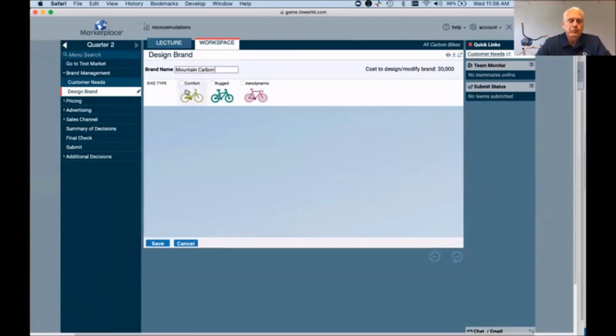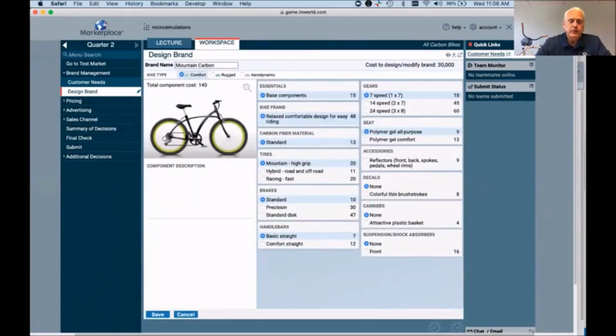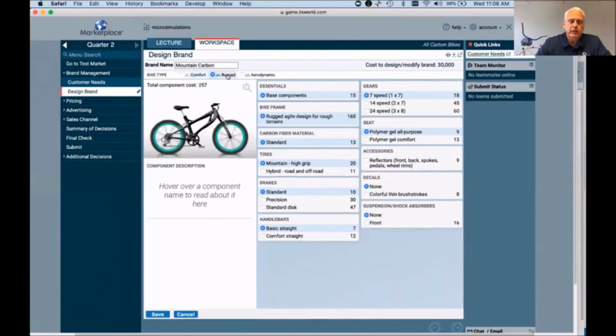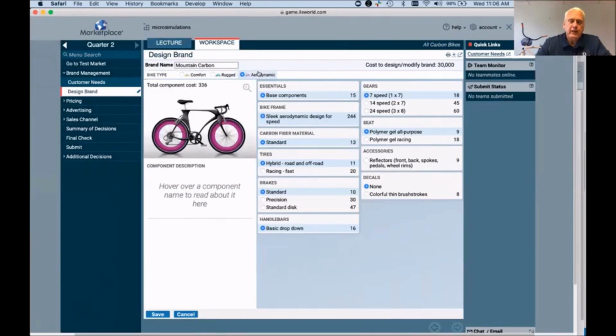Now I pick a bike frame. If I pick comfort, you'll see the shape of the bike frame. If I chose rugged, you'll see how the bike frame changes. If I chose aerodynamic, it would change as well. So that's the fundamental element of designing the bike, the frame.